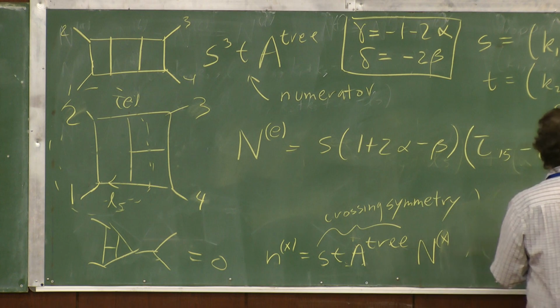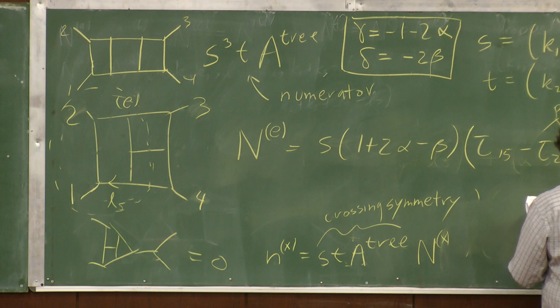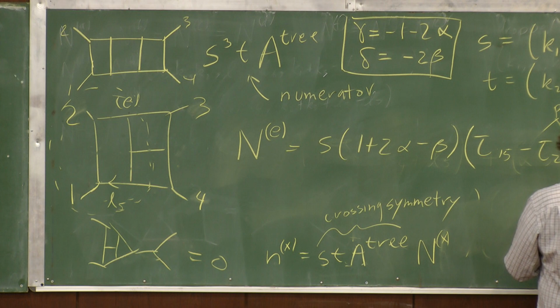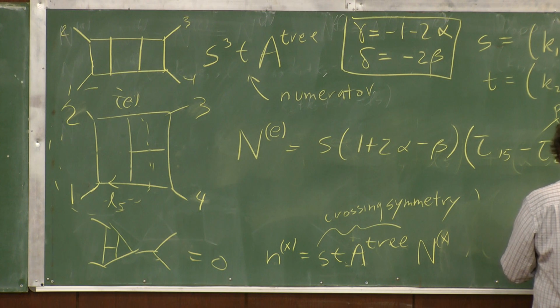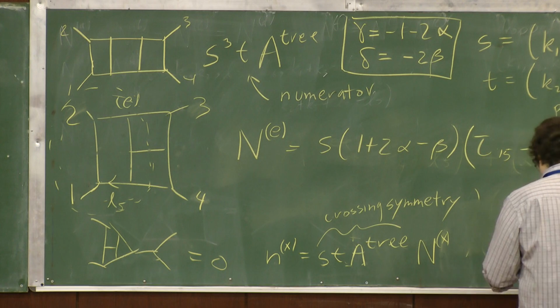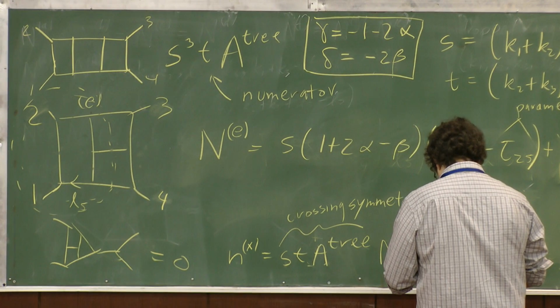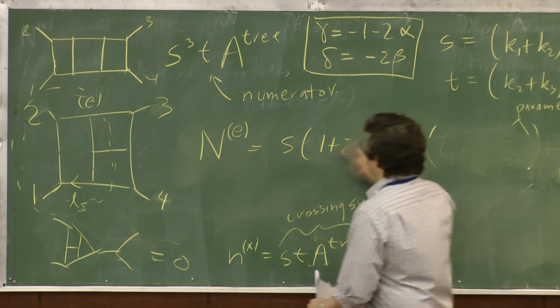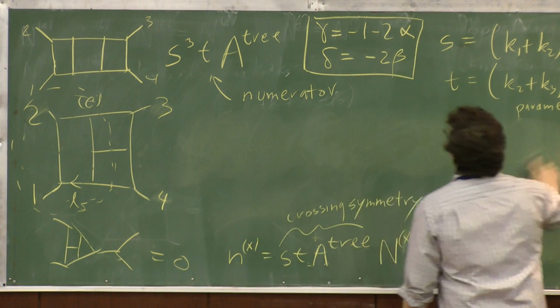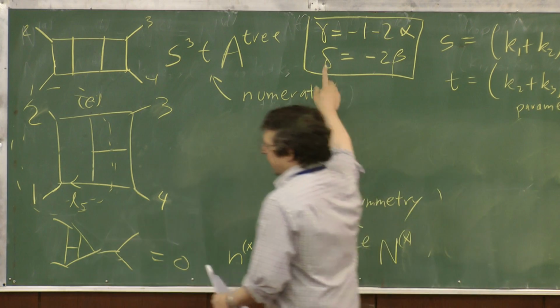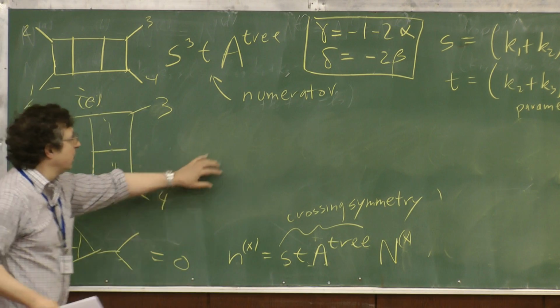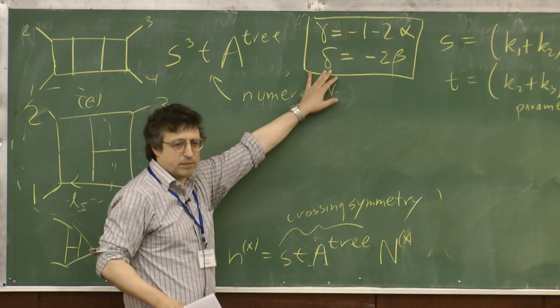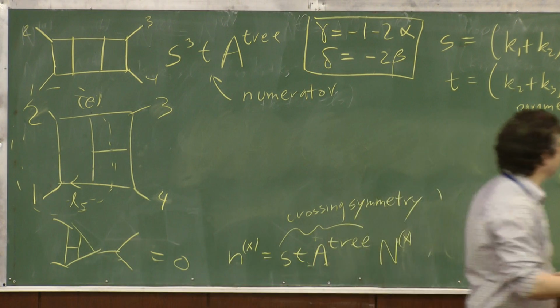And then plus beta s. Sorry, I'm writing some, it's just a mistake. Anyway, so what you do is, the equation that I had before, you just plug this in. Okay, and you get something very simple.